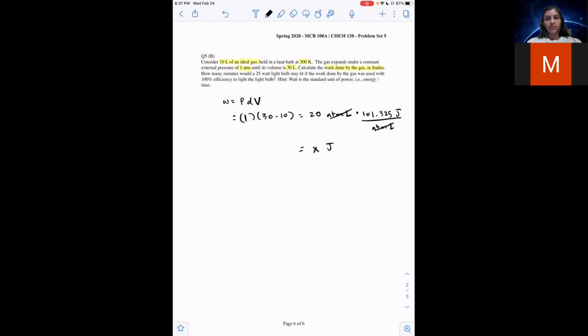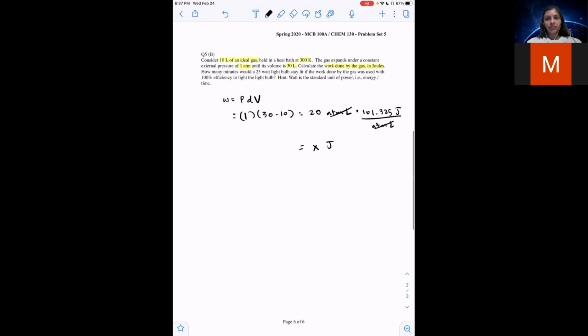All right, so now we can use this to pretty easily calculate the amount of time that this light bulb can stay lit. We can start by writing the fact that power, which is in units of watts, is equal to joules per time. So we have our power.